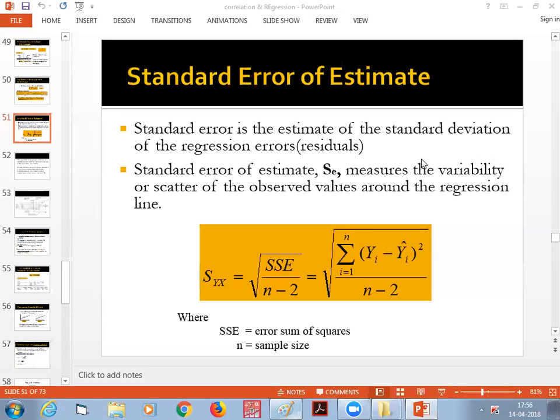Some other reason also may be there. For example, demand is not only affected by the advertising expenditure of the company, or not only affected by the price. It is also based on some other variables which we have not considered in the study. So that may be considered an error.